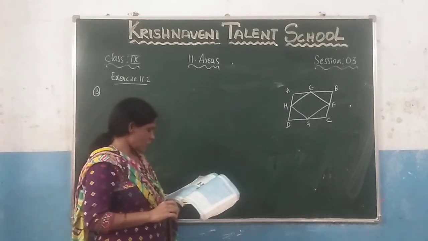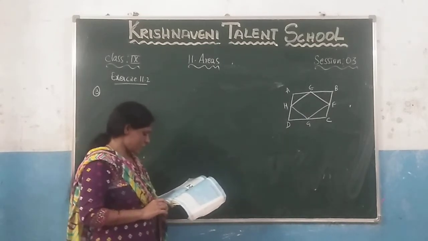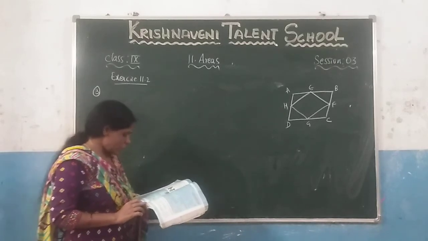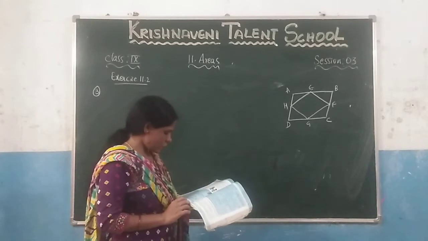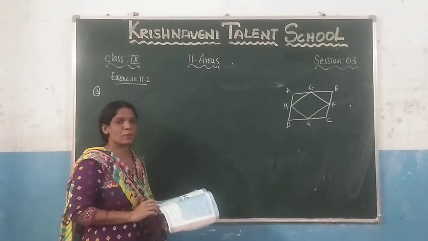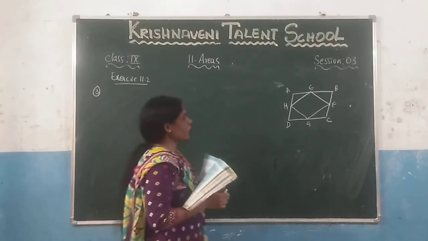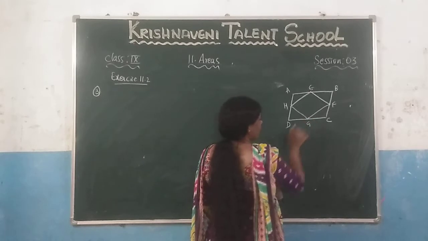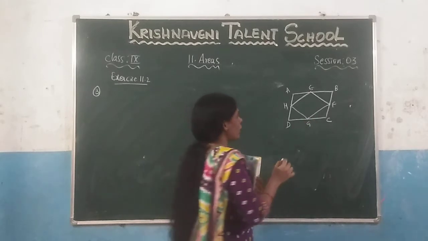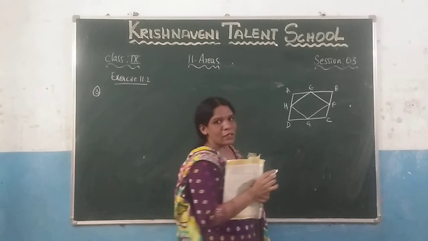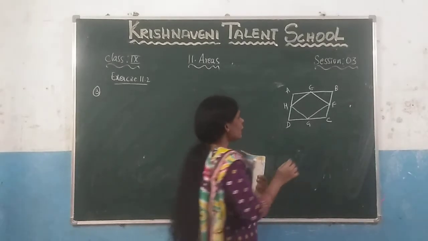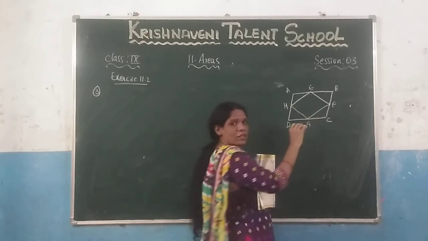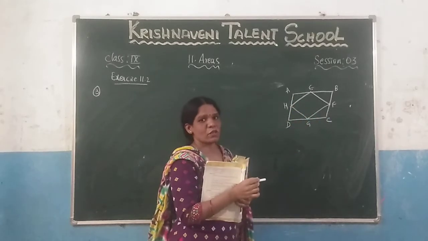E, F, G, H are respectively the midpoints of AB, CD, AC and AD of a parallelogram ABCD. Show that the area of the parallelogram EFGH is equal to half times the area of the parallelogram ABCD. Here, first you need to take one parallelogram ABCD and consider the midpoints of each side. If you join those midpoints, again you get one parallelogram. You need to prove that the area of the parallelogram EFGH is equal to half times the area of the parallelogram ABCD.